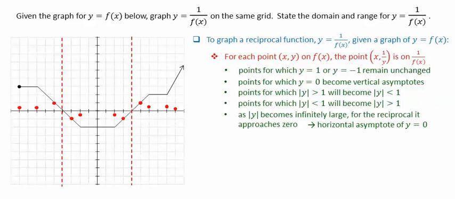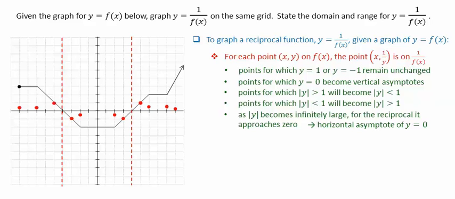And the point 9, comma 4 becomes the point 9, comma 1/4 on the reciprocal. We then connect all of the points, being aware of the vertical asymptotes of x equals -4 and x equals 4, as well as the horizontal asymptote of y equals 0.